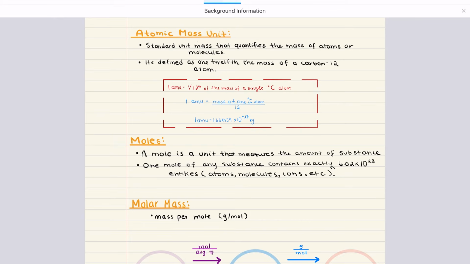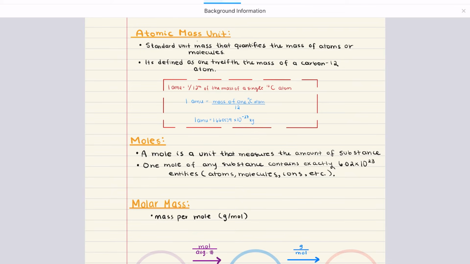So we've said AMU and atomic mass unit quite a few times thus far in our lecture. What does that mean? The atomic mass unit is a standard unit of mass that quantifies the mass of atoms or molecules, and it's defined as 1/12 of the mass of a carbon-12 atom. All right, carbon-12 isotope is stable, and its abundance makes it a standard for measuring atomic masses.